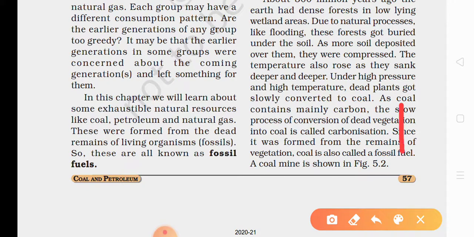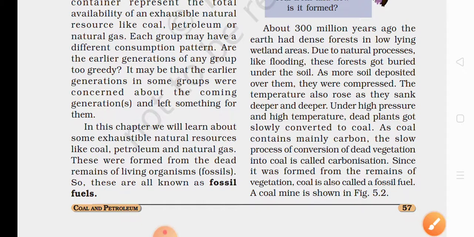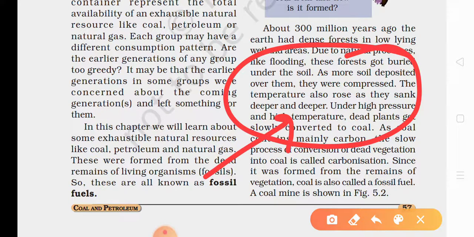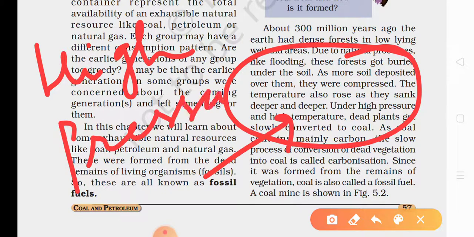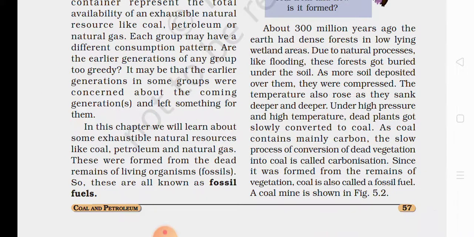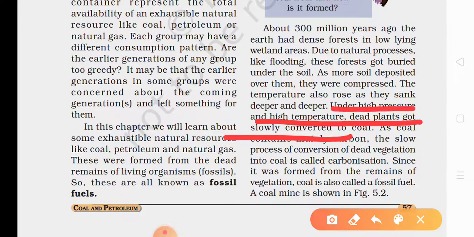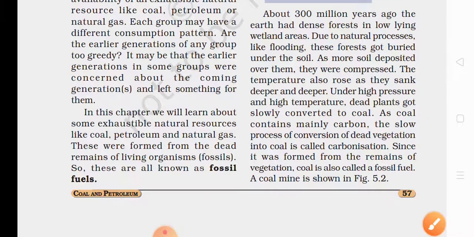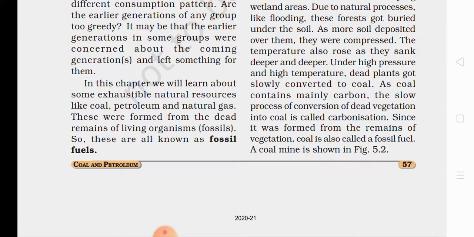These forest plants get compressed, and the temperature also rose as they sank deeper and deeper, and under high pressure and temperature, these are the two conditions, right? Under high temperature and pressure, these dead plants get slowly converted into coal. And this process of conversion of dead vegetation into coal is termed carbonization.